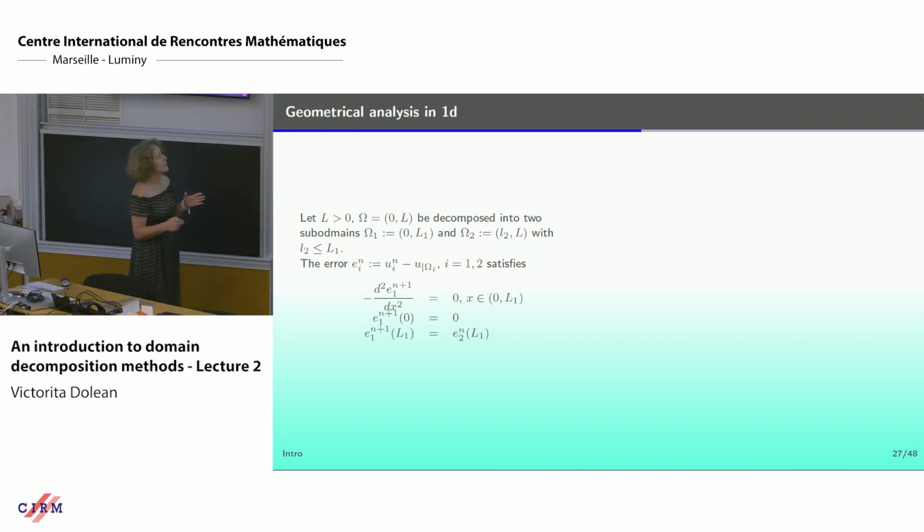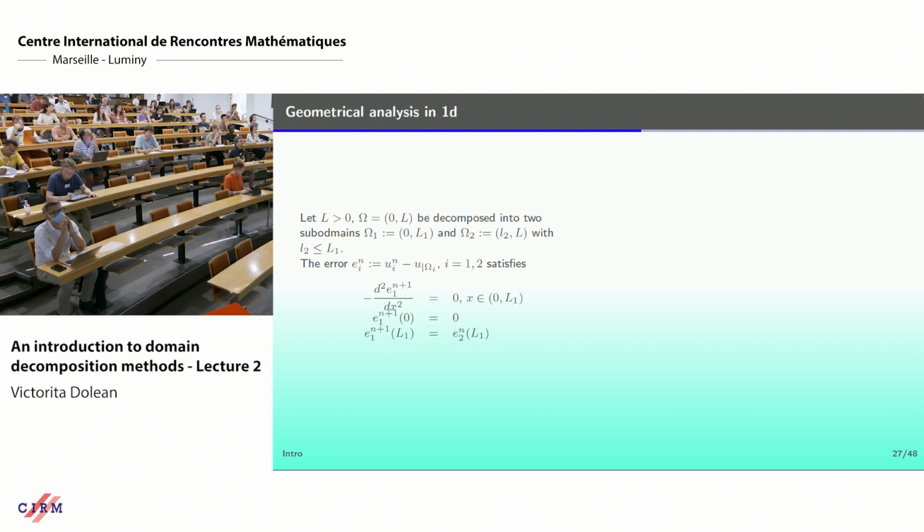Now, since I'm working here with the one-dimensional case, this is my Laplace problem. That means the error vector e_i^n is the error in the subdomain i at the iteration n. This is just the local solution minus the restriction of the global solution.